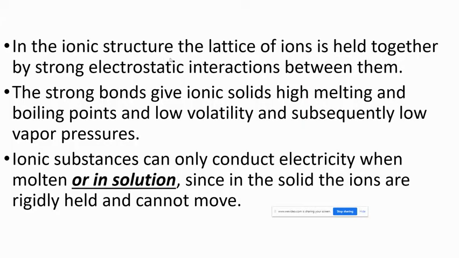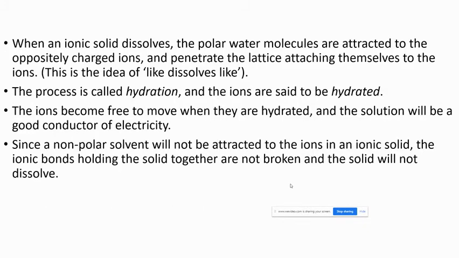In the ionic structure, that lattice is going to be held together by those electrostatic attractions. The strong bonds are going to give it that high melting point and very high boiling point. The low volatility, vapor pressure, same deal. And then the conductivity that we just talked about.